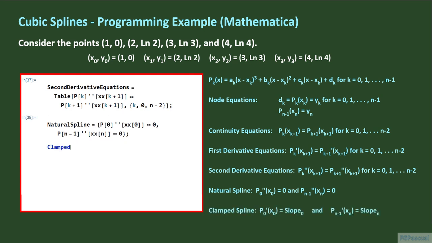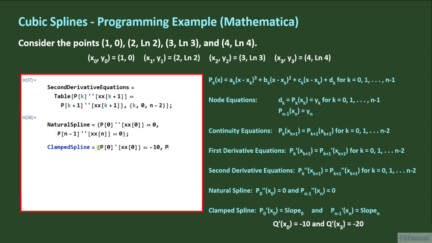The second type of spline that we're supposed to look for is a clamped spline. For the exercise, we have the cubic's derivative at x sub 0 equals minus 10. And so we write down p sub 0 prime of x sub 0 equals minus 10. The second condition for the clamped spline has the first derivative at the rightmost endpoint equals minus 20.